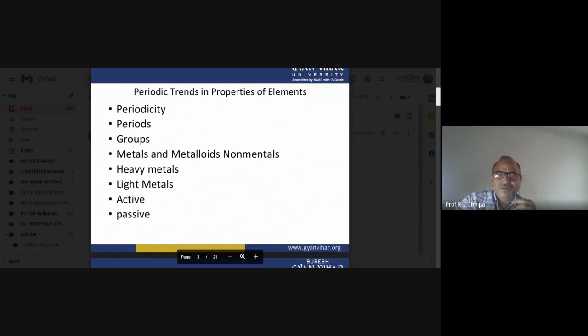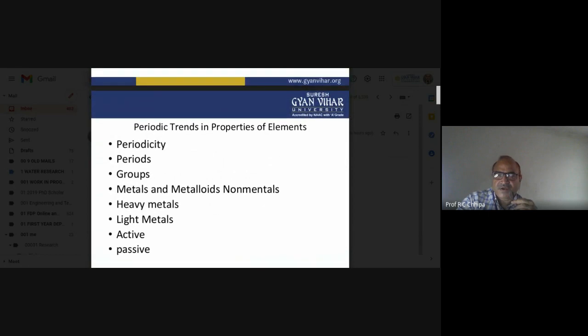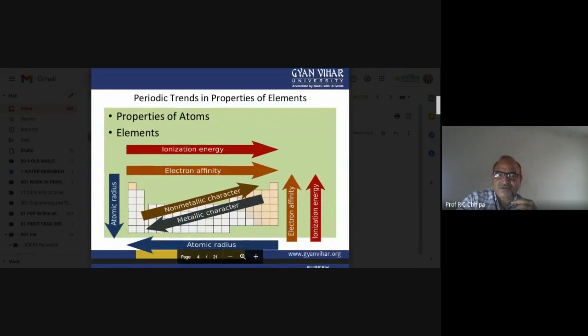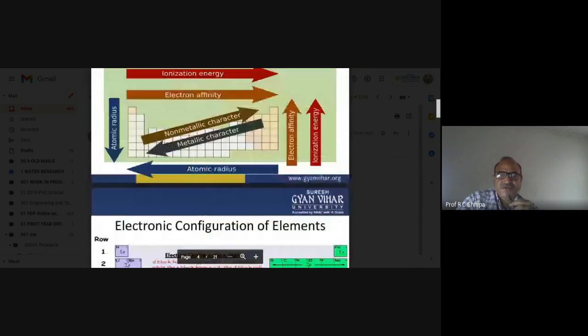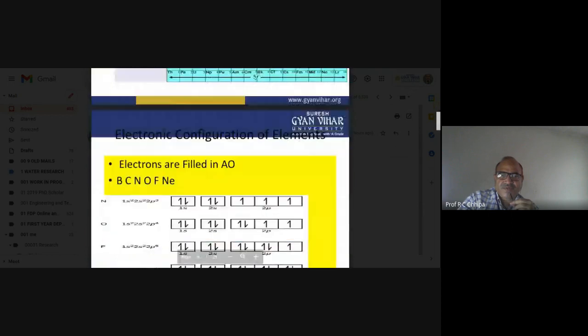Now we come to another topic. We have discussed the different metals as well as the metalloids and the non-metals. Boron and carbon are non-metals, whereas those in between the metals and non-metals are the metalloids. Now, the different properties and arrangements relate to the electronic configuration of the elements.